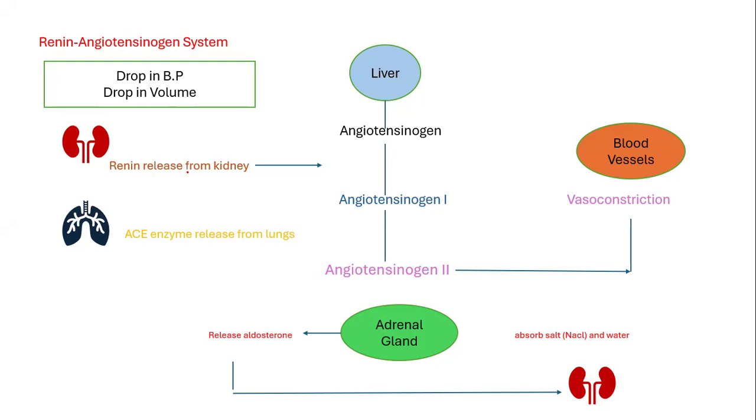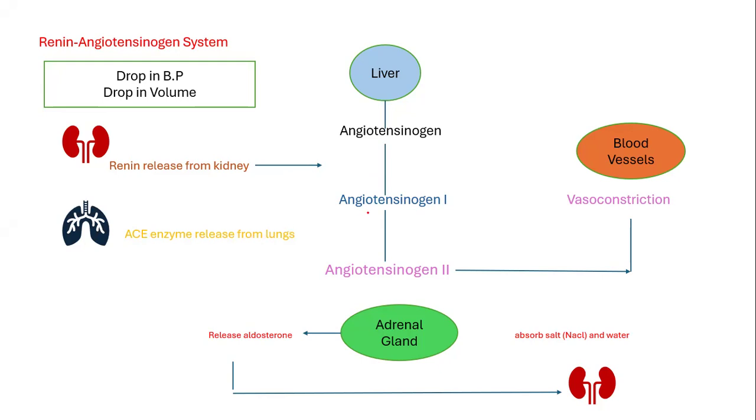So renin is going to be released from the kidney, and in the liver, there is angiotensinogen. This is an enzyme, right? This will be converted into angiotensin 1 by renin. After it is converted into angiotensin 1, this is going to go to the lungs, and there will be release of angiotensin converting enzyme from the lungs.